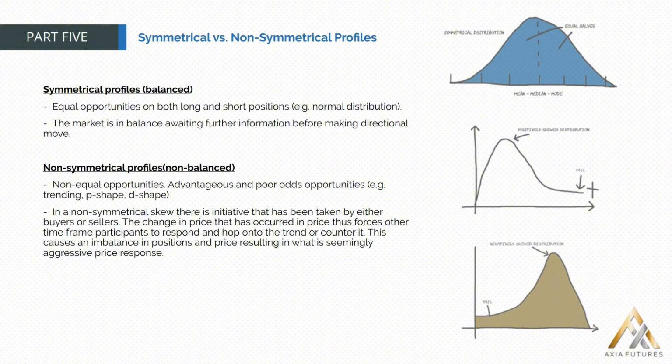This countering eventually causes an imbalance in positions and prices, and it eventually results in a seemingly aggressive price response. So note, when we have this imbalance, we get the initiative, that change in price, that aggressive change in price brings other time frame participants into play. And that is what creates the volume and volatility and the opportunity for us.